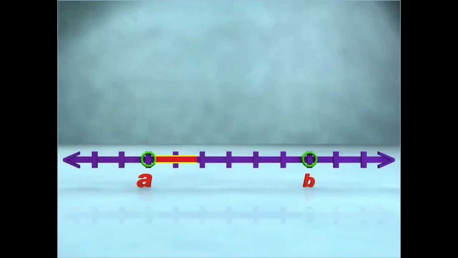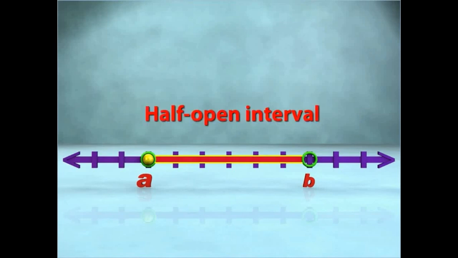Sometimes, an interval may include the number at its one end and exclude the number at its other end. Such intervals are called half-open intervals. Such intervals may be open on the left or right.